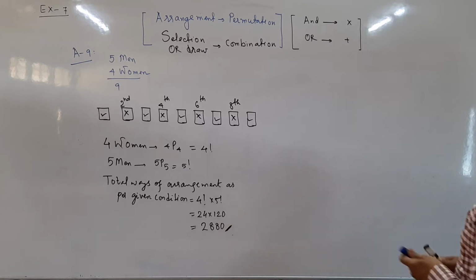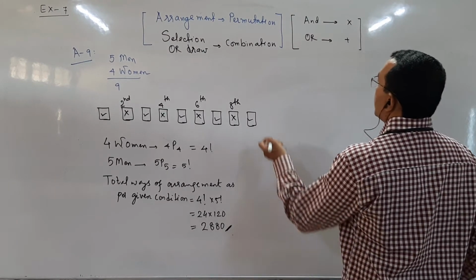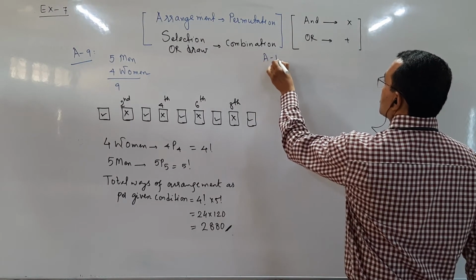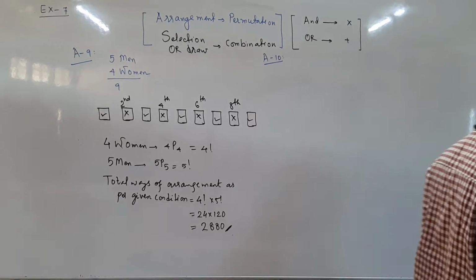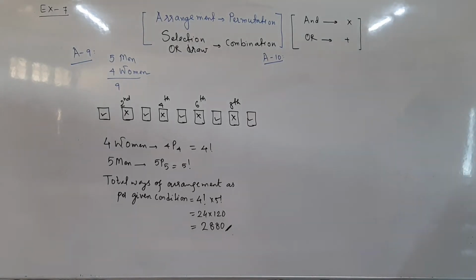Now, sum number 10. Our next question is sum number 10. From a class of 25 students, 10 are to be chosen for an excursion party. 3 students decide that either all of them will join or none of them will join.